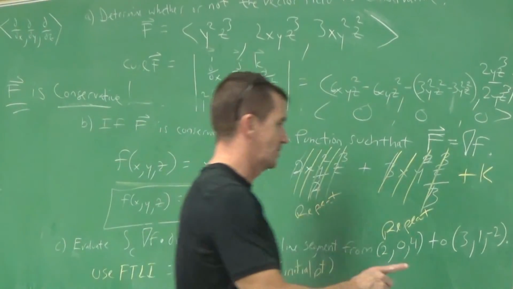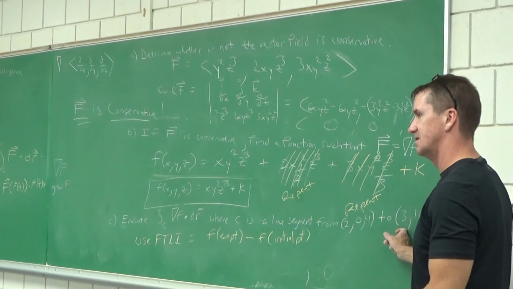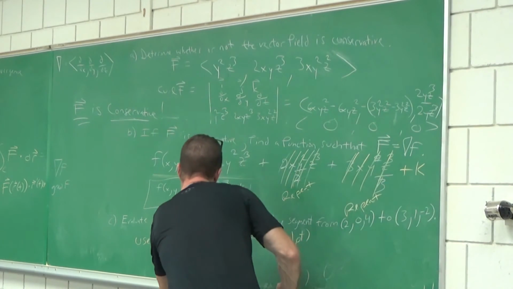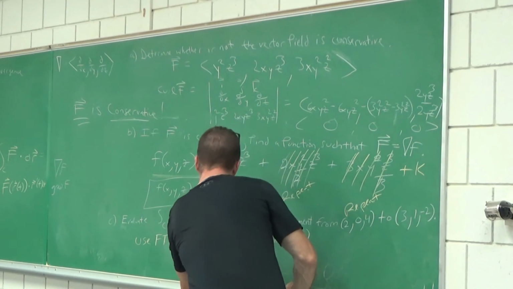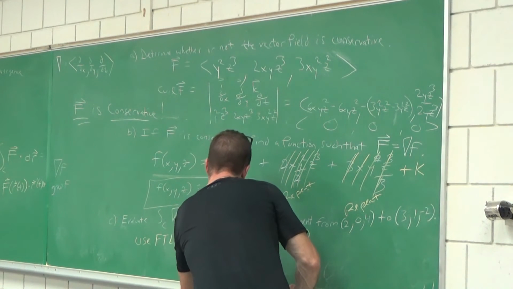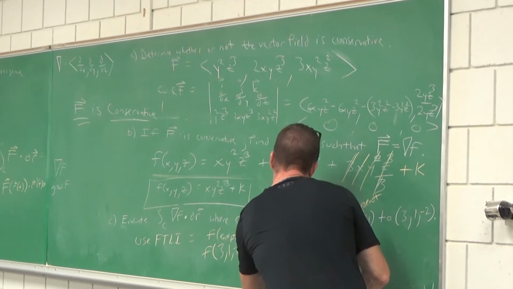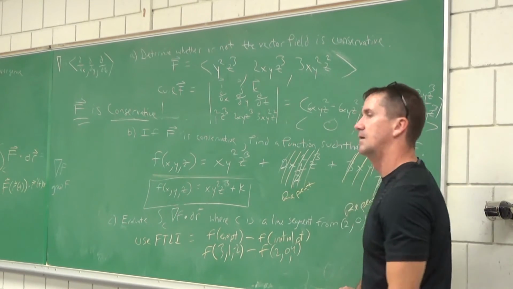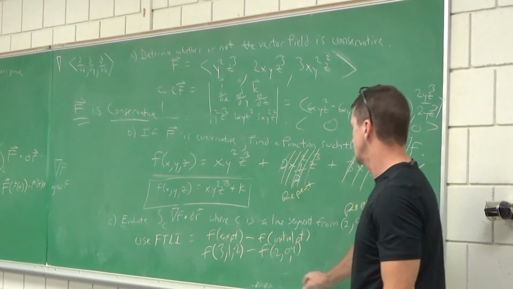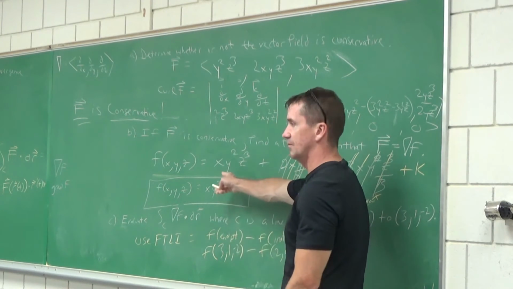Everyone, which one's the endpoint? Because the path went from here to here. So what's f of 3, 1, negative 2 minus f of 2, 0, 4? What do y'all get? Plug it in.